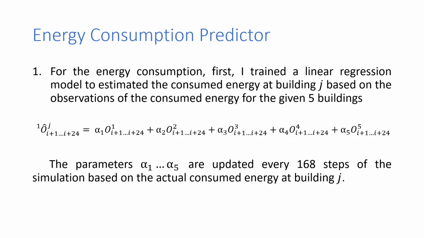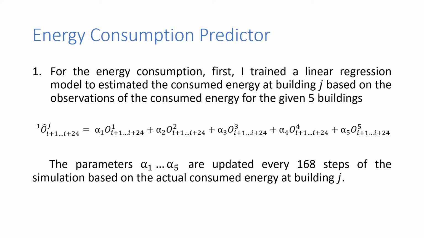For the energy consumption, first I trained a linear regression model to estimate the consumed energy at building J based on the observation of the consumed energy for the given 5 buildings.